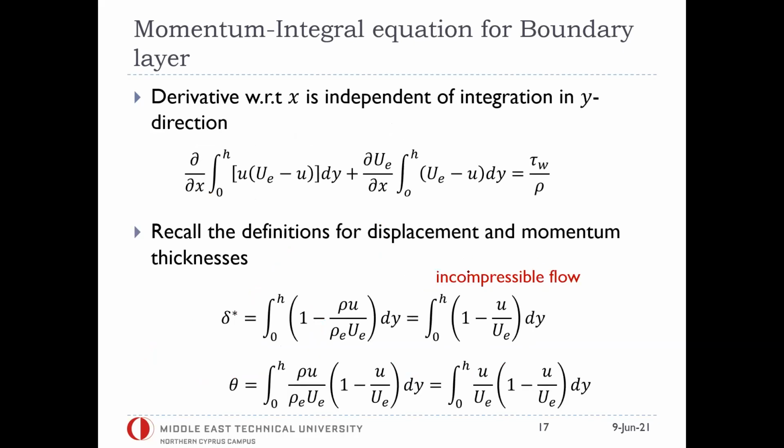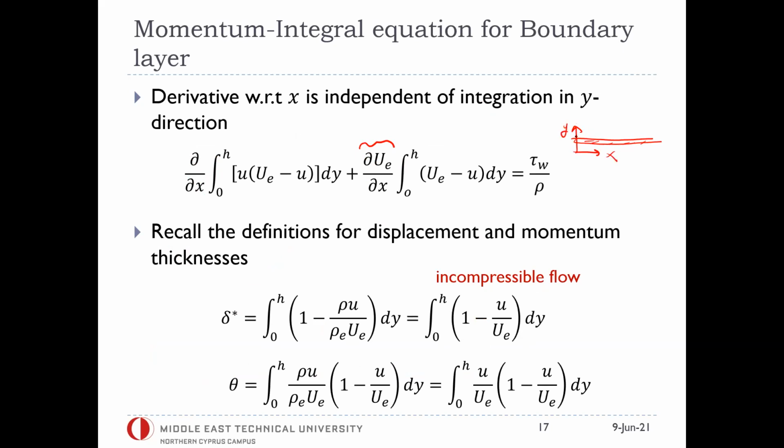So when we take that into account, for example, the derivative with respect to x is by default independent of y, so we can take it outside the integral. In the second term, we know that U_H also is constant at any y location. What do I mean by that? If we are talking about a flat plate problem, this is our x coordinate and this is our y coordinate.